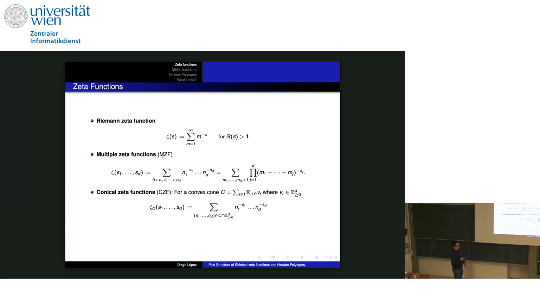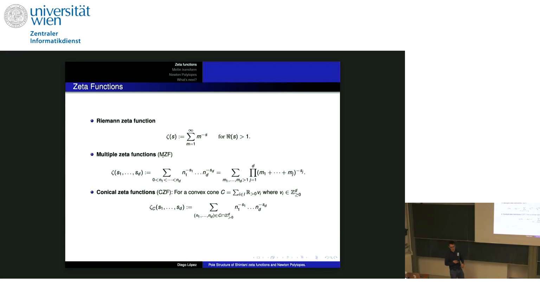And there are several multivariable generalizations of the Riemann zeta function. One very popular one is the multi-zeta functions, which are usually defined like this, the sum in the middle. This sum is absolutely convergent whenever the real part of s1 up to sd is bigger than d.